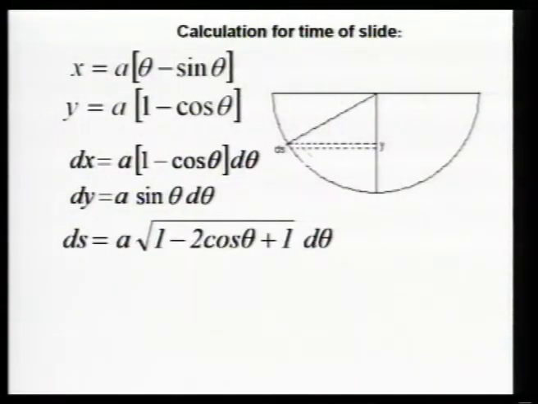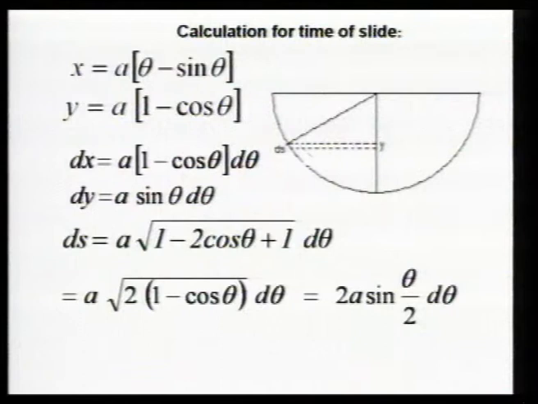So that ds will be equal to a under root (1 minus twice cos theta plus cos square theta plus sine square theta, which is again equal to 1) d theta, which is equal to a, you can take 2 common, under root 2(1 minus cos theta) d theta. This can be written though as 2a sine theta by 2 d theta, but we need not.